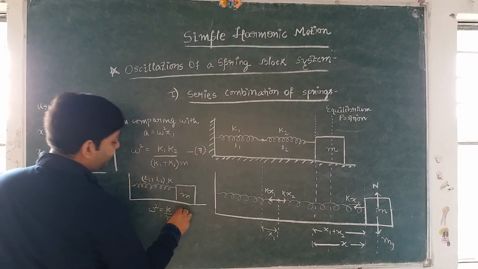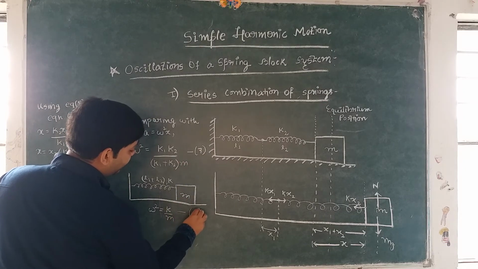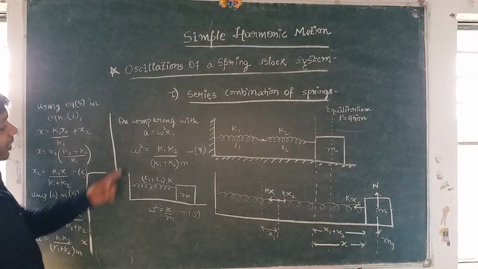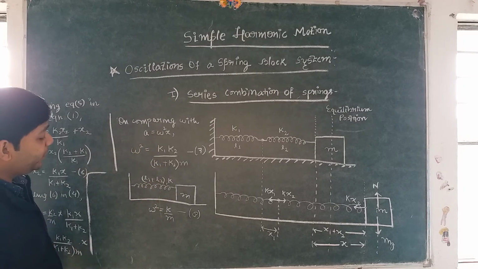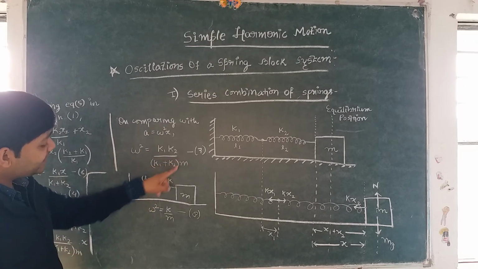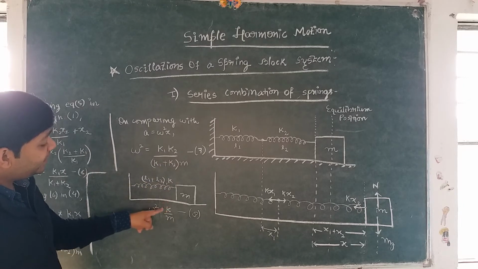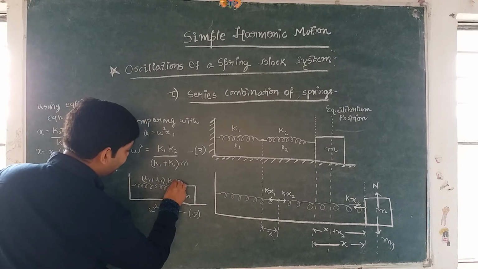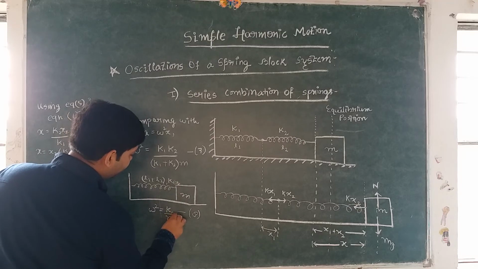So now if you compare this equation 7 and 8, what do you get? On comparing 7 and 8, what do you get? Omega square will be equal to omega square. This M and this M will get cancelled out, and therefore this is K equivalent. Let me write this is K equivalent, right?